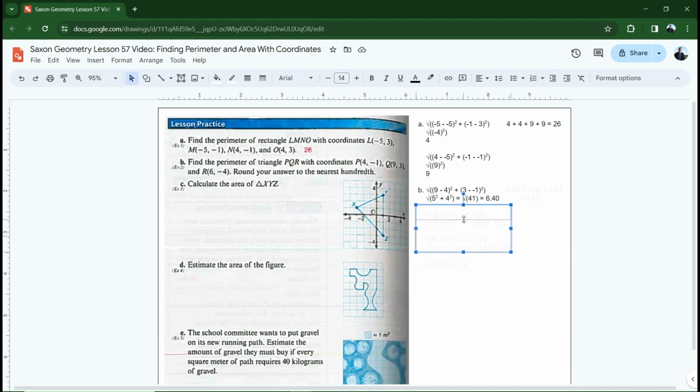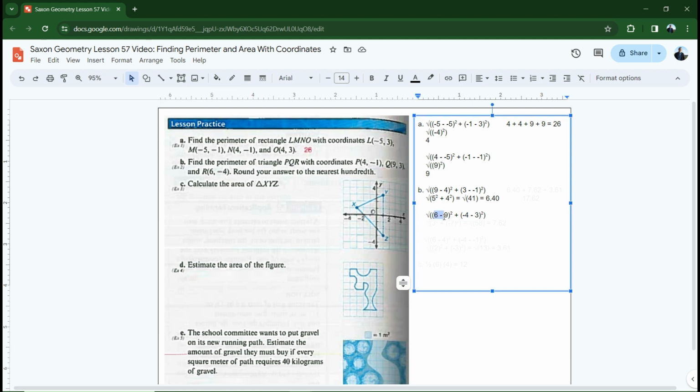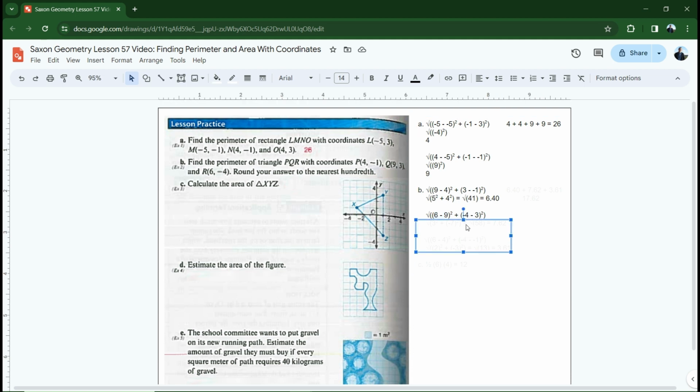Same distance formula. X2 minus x1, 6 minus 9, squared plus y2 minus y1, negative 4 minus 3 squared. Let's see, this is going to actually be negative 3 squared plus negative 7 squared.